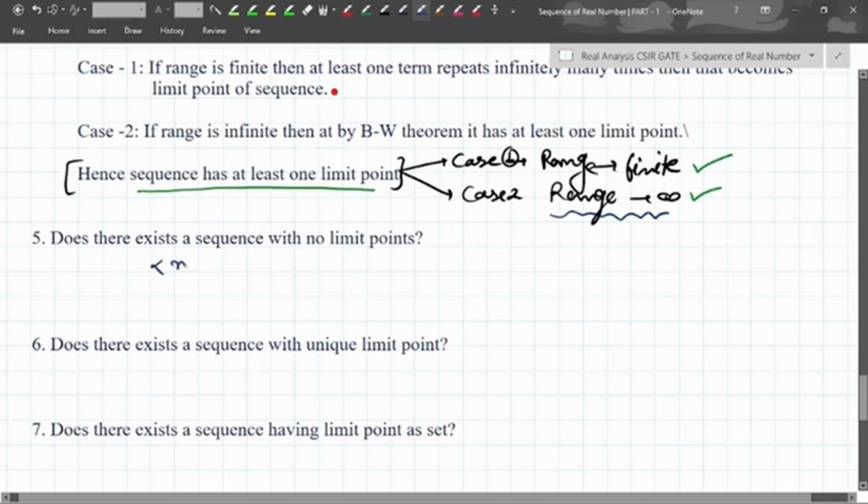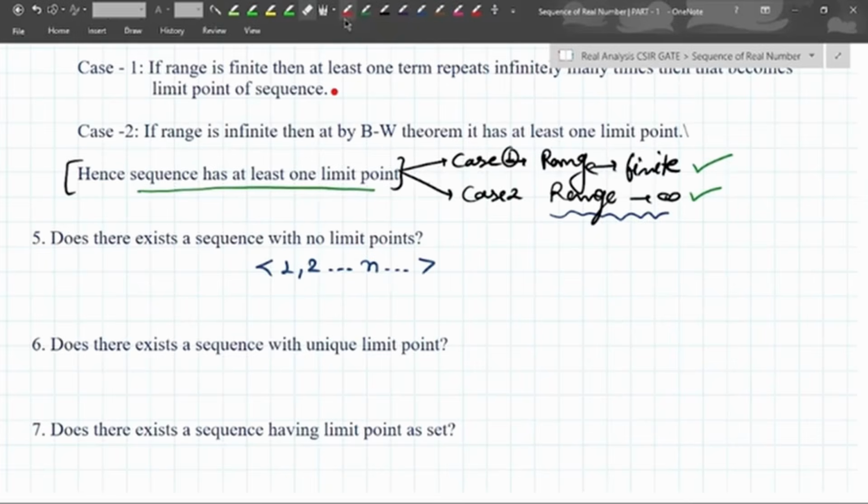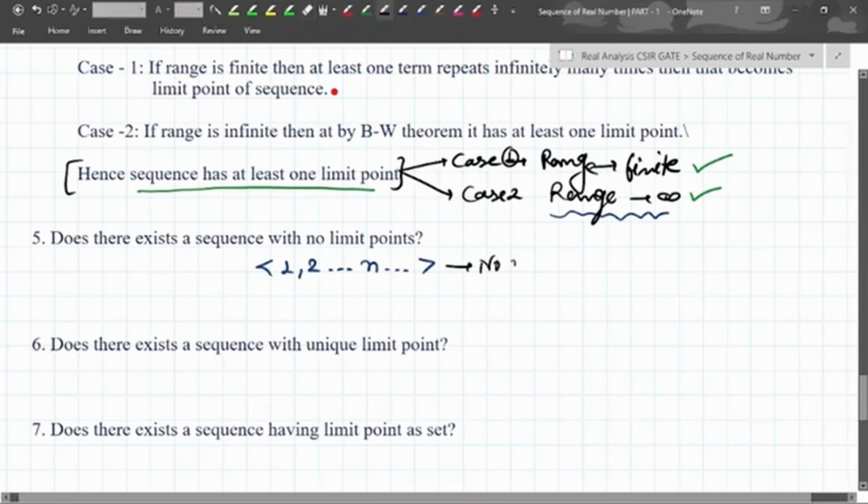Yes, this sequence: 1, 2, and so on, going n to infinity. Here there is no limit point.